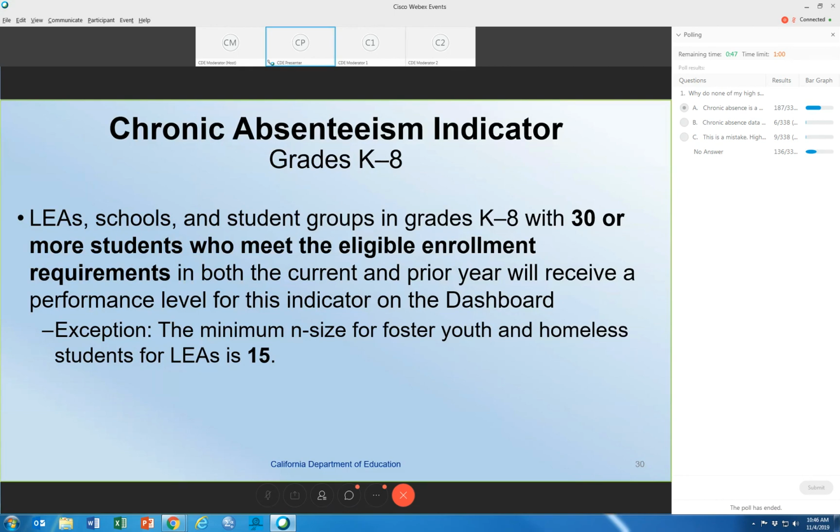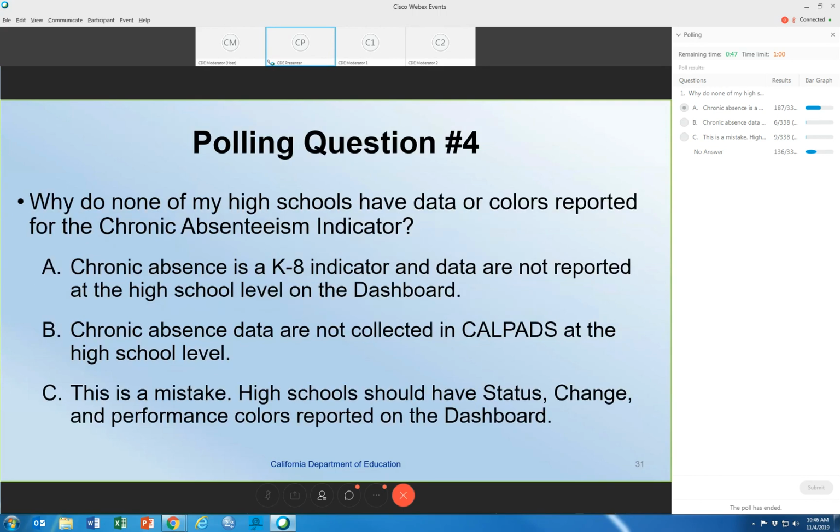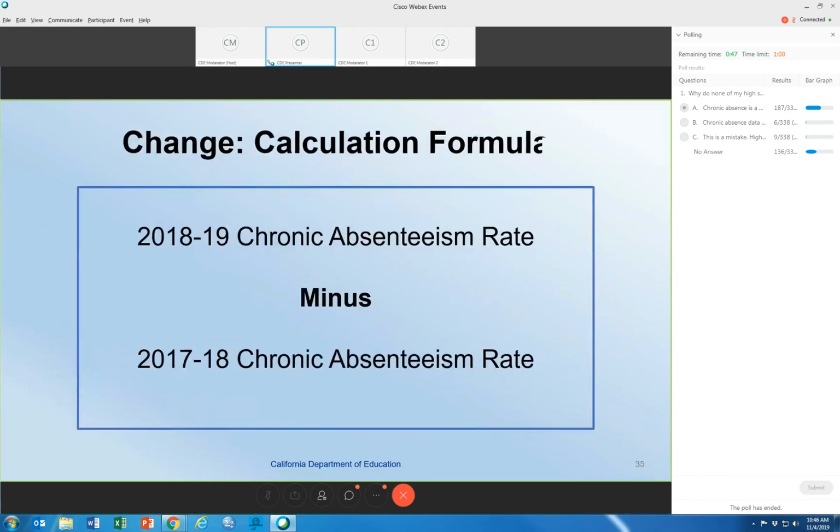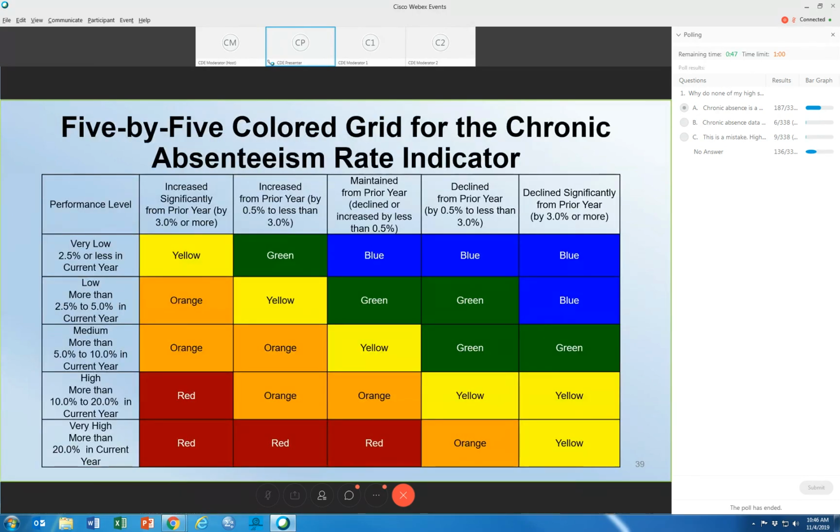There are additional questions about the 3x5 and the 5x5 color grid for chronic absence. So if we could review that. Sure. So once again, this was covered last week, but we'll cover it very quickly here since it does occur for this indicator. The 3x5 is for small schools, so those who have less than 150 students in their denominator will have a 3x5 grid.